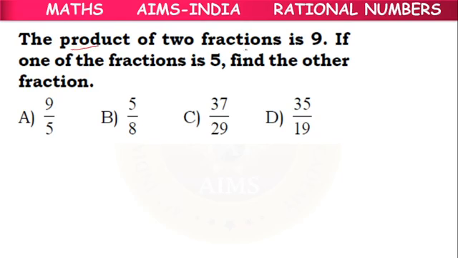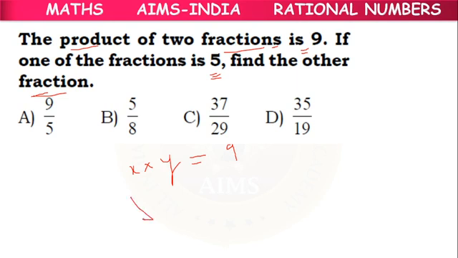The product of two fractions is 9. If one of the fractions is 5, find the other fraction. What are they telling? The product of two fractions. Let x and y be the two fractions. What is the product? X into y equal to 9.